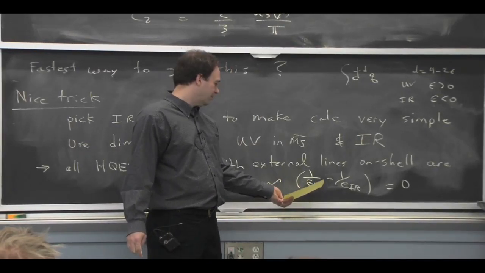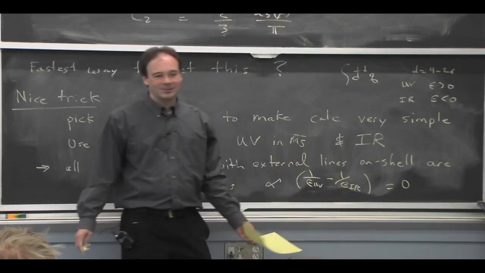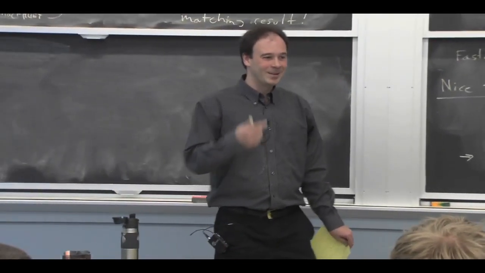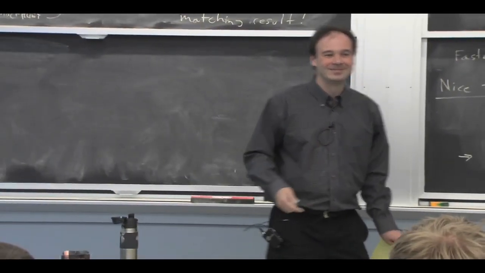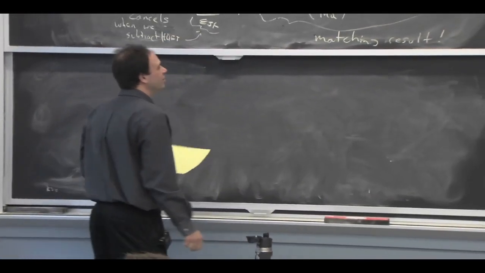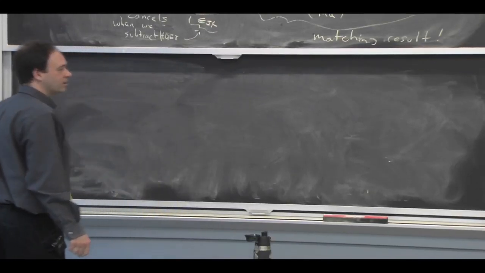Your UV counter term, you have to still add it. And then it cancels this, and then you get something non-zero. So the bare graph is 0. The counter term is non-zero, and the renormalized graph is non-zero. So it's a subtlety that's worth remembering if you ever want to do calculations this way.